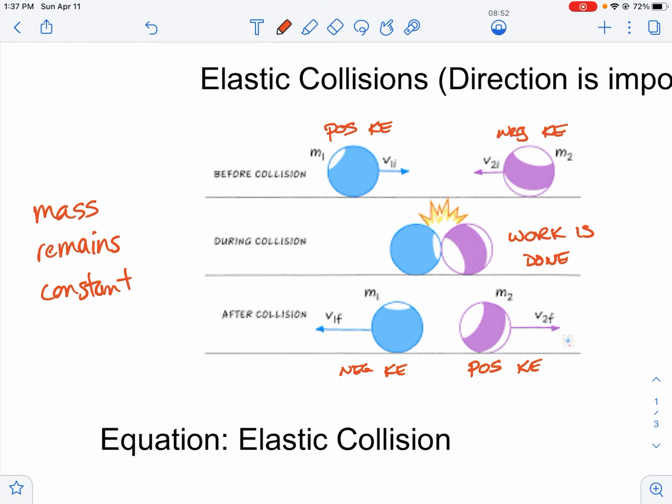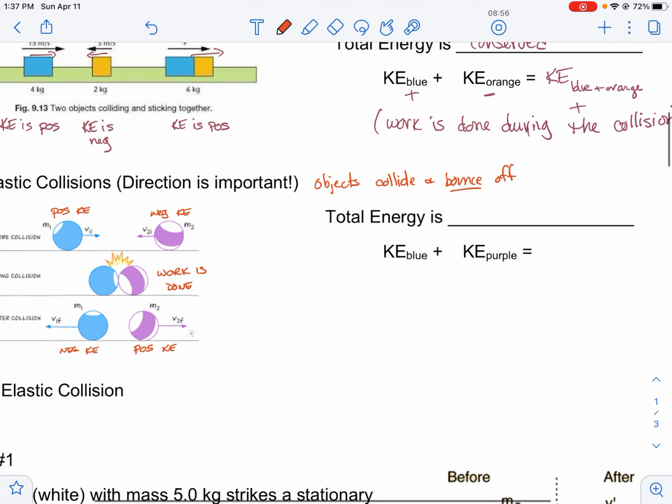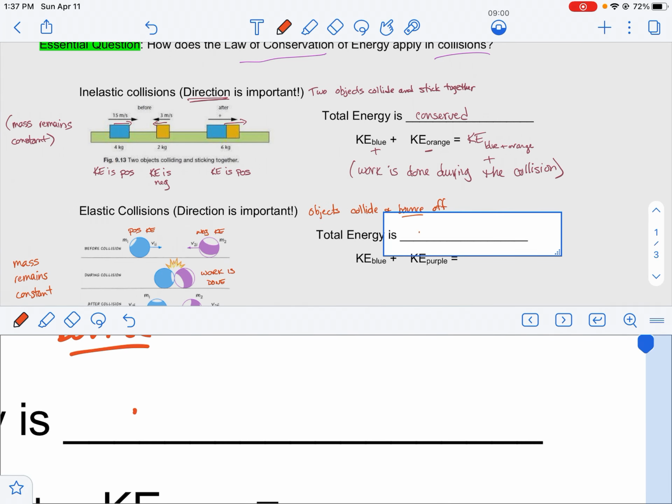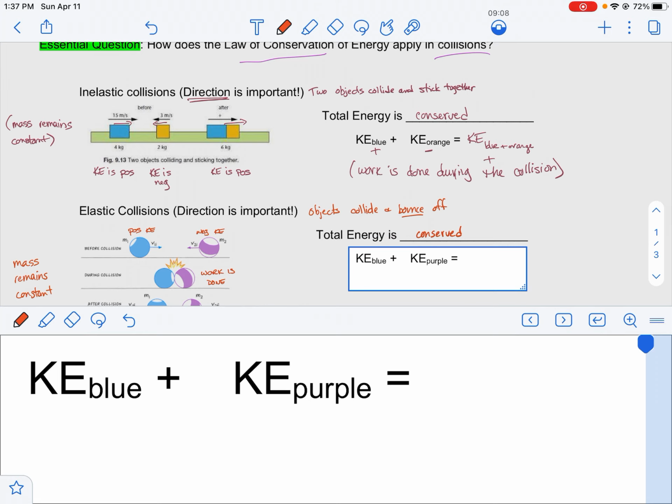Okay, so let's do a little bit of analysis here. What's happening in this picture? Well, what we know is that the total energy is still conserved, even though they don't stick together. So when we look at our equation, the energy of the blue ball was positive, the energy of the purple ball was negative. They hit each other.